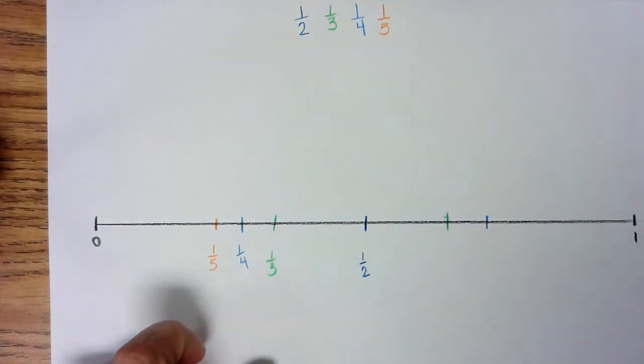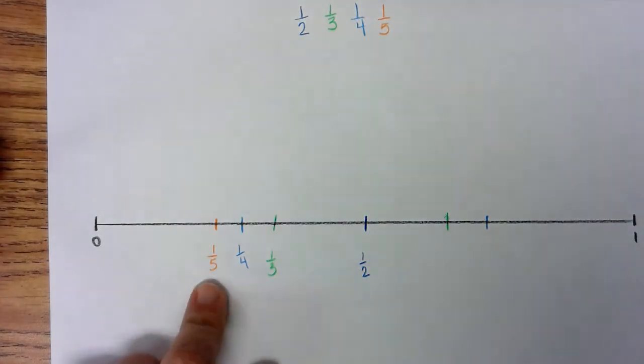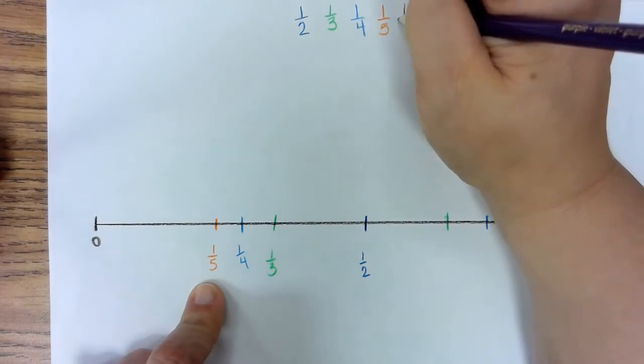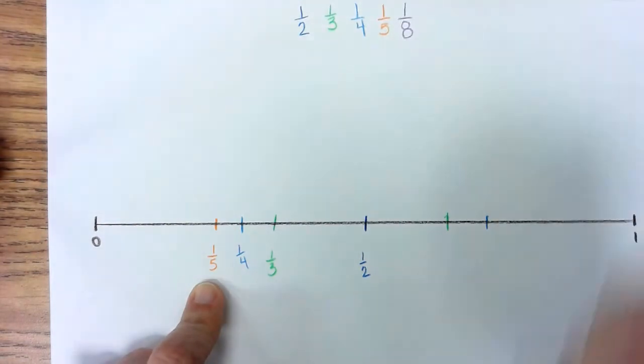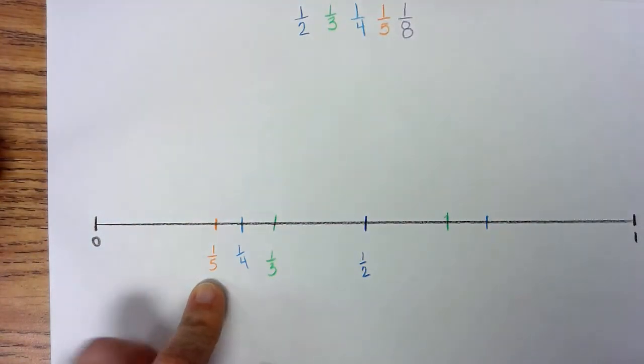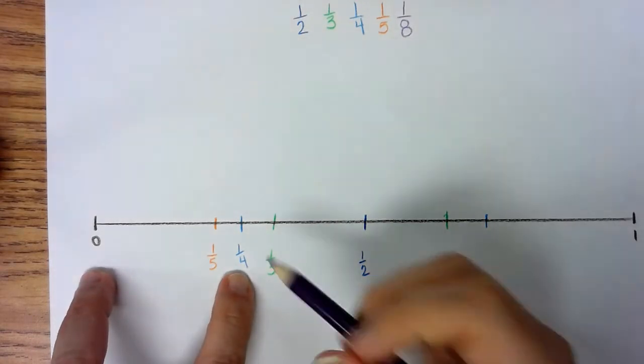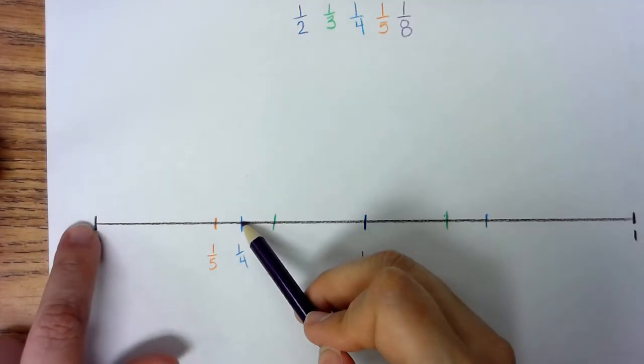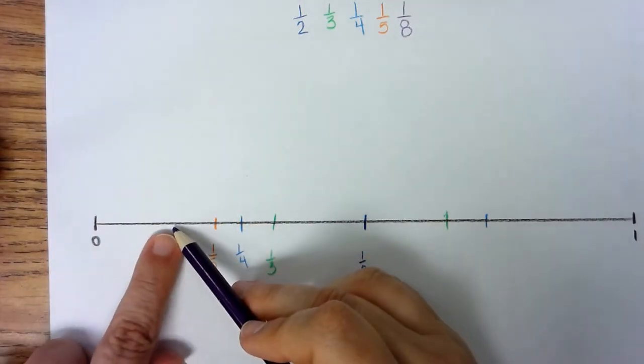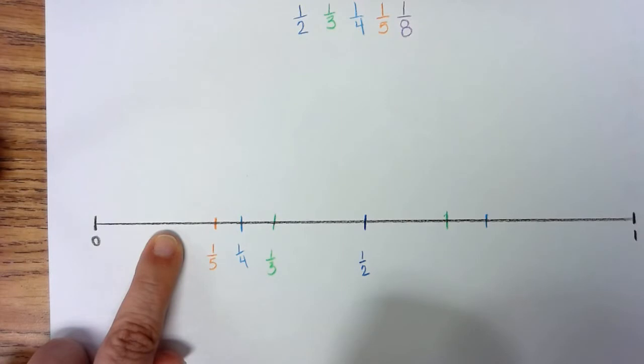All right, the next one we're going to do, I'm picking up another color. This color is going to be purple. We are going to do 1/8. So 1/8, that's kind of got a relationship with 1/4. If I divide my 1/4 space in half, that will give me 2 spaces there, right?